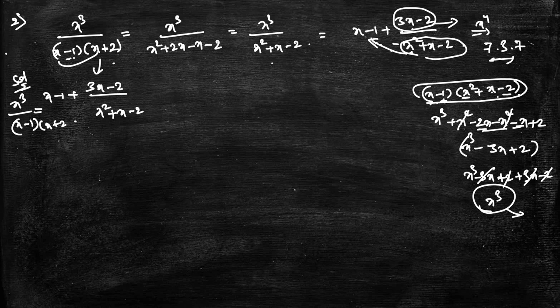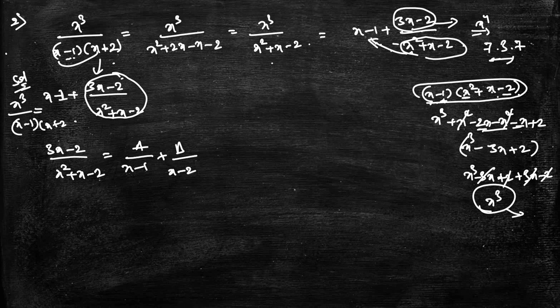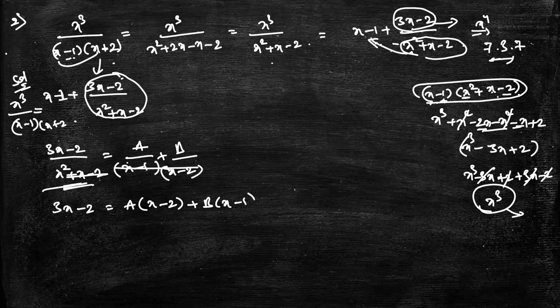From this I will take this part, 3x minus 2 divided by x square plus x minus 2, which is equal to a divided by x minus 1 plus b divided by x plus 2. If I multiply, the denominators get cancelled, so the LCM will come. It becomes 3x minus 2 is equal to a into x plus 2 plus b into x minus 1.